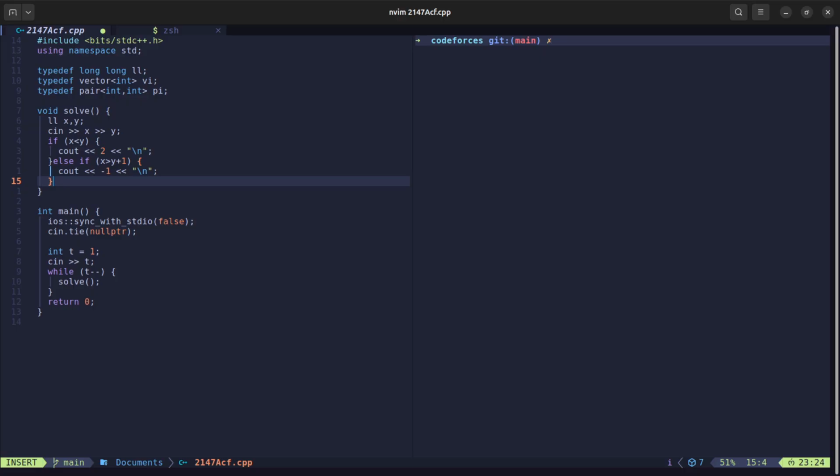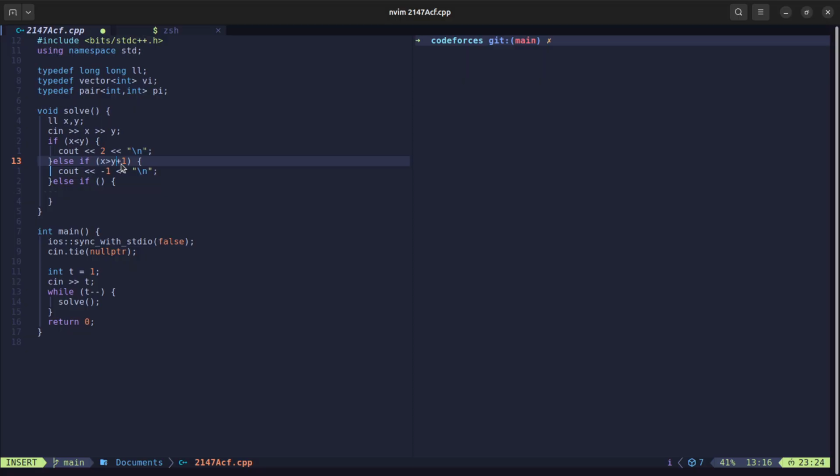Okay, else if, what condition could there be? Yeah, there is an issue we have to remember. If x is equal to y is equal to 1, then it should be minus 1.